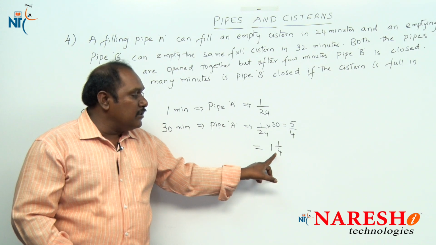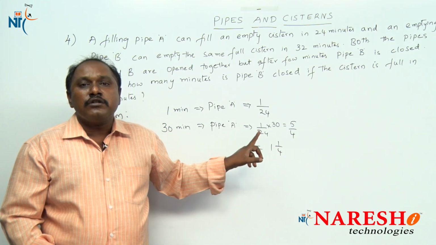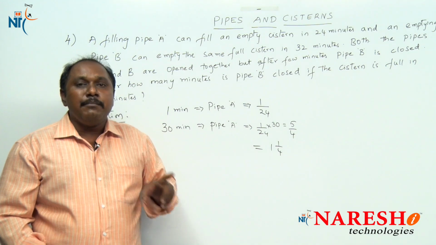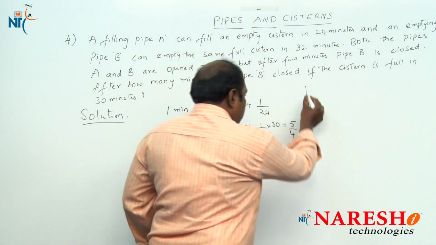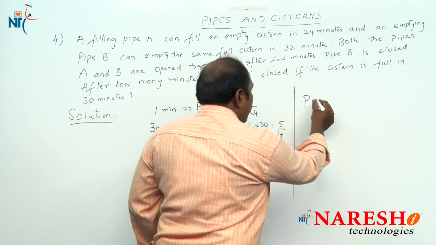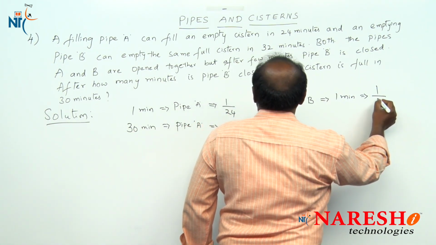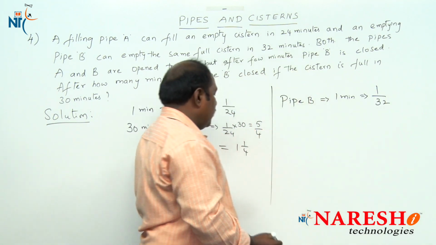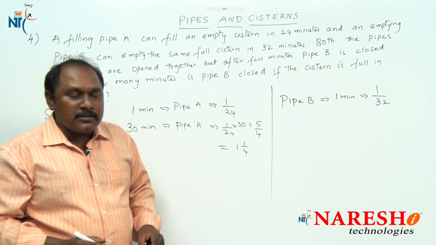Now what happened to this 1/4 tank of water? Definitely this 1/4 tank of water is emptied by pipe B. Now pipe B in 1 minute empties 1/32 of the cistern, but pipe B has emptied only 1/4 of the cistern.